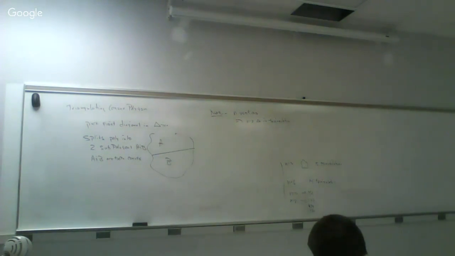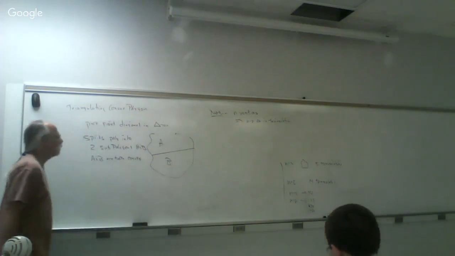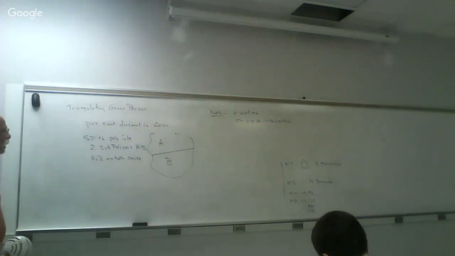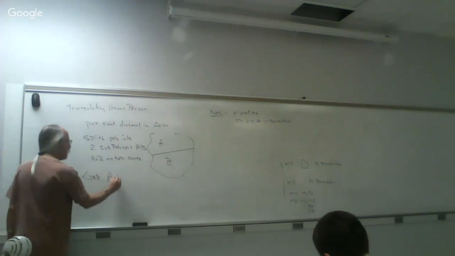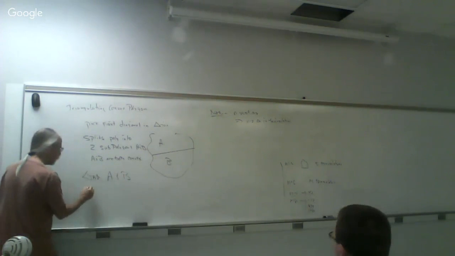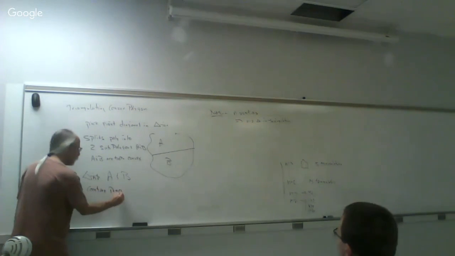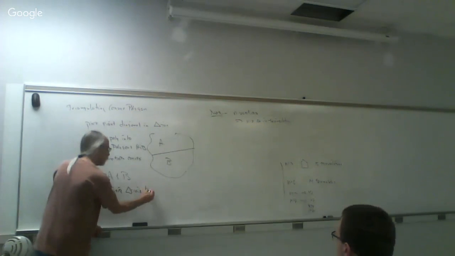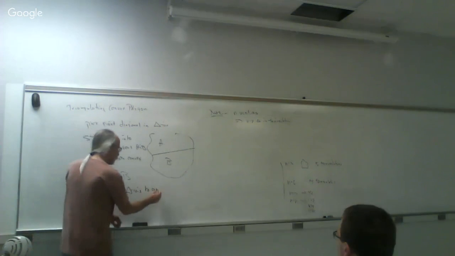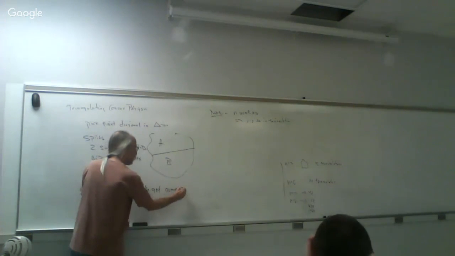And so triangulating A and triangulating B, and then using those two triangulations together will give me the triangulation of the entire polygon.